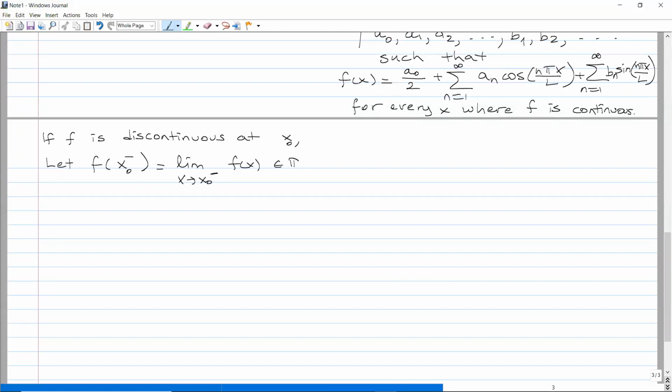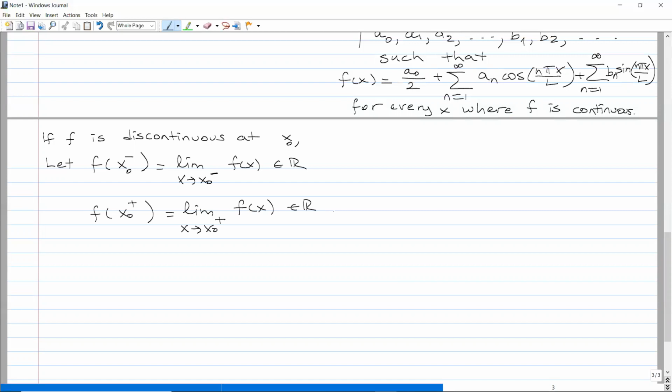Remember, since it's piecewise continuous, this limit must exist, and let the right limit be the limit as x goes to x0 from the right of f. Again, this is a real number. This is the definition of piecewise continuous.